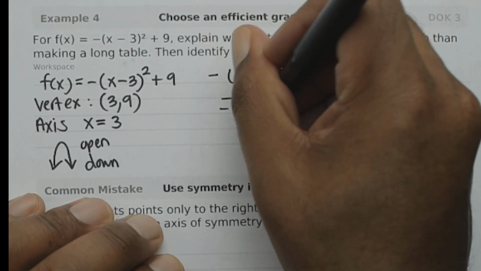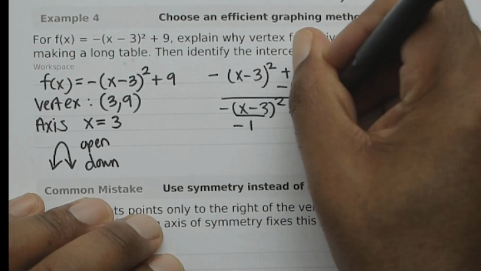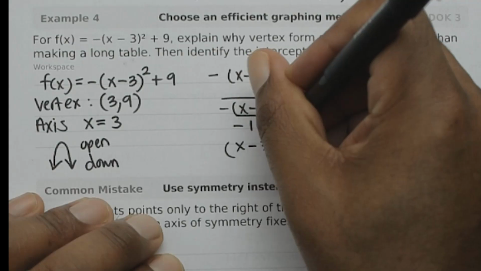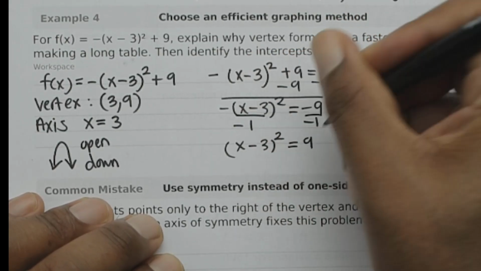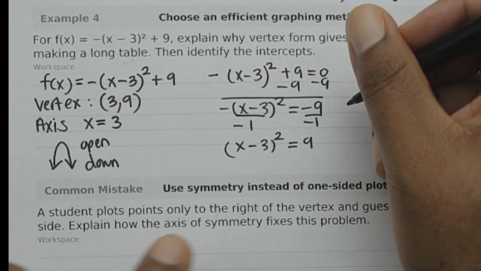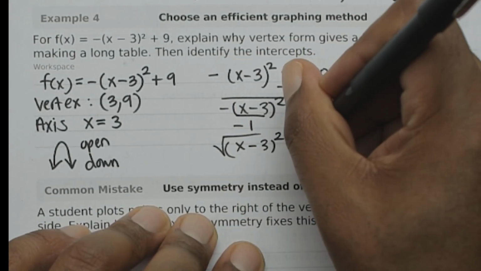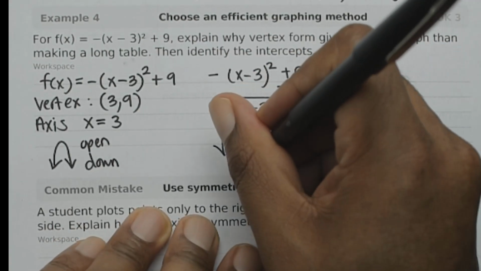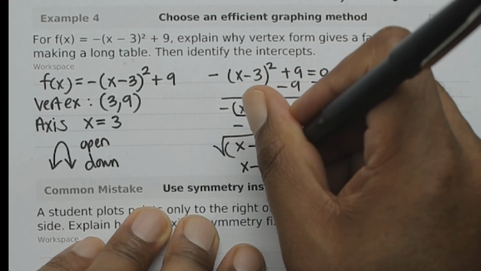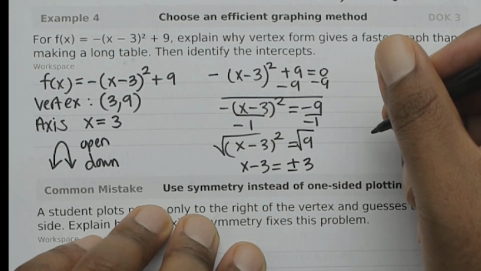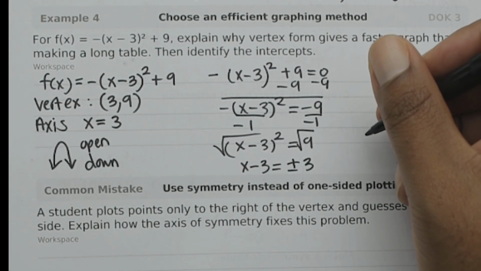We can divide by negative 1 to get rid of that negative. So (x minus 3) squared equals positive 9. Now we can take the square root of both sides, which gets rid of the square and makes this plus or minus 3. And then essentially you have the x-intercepts.